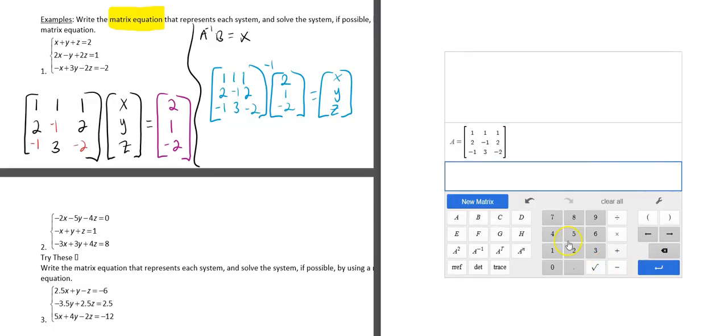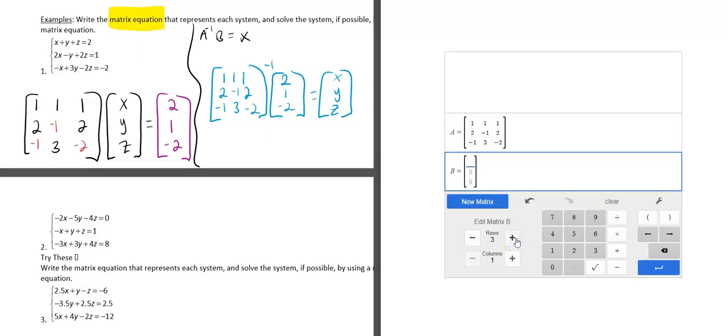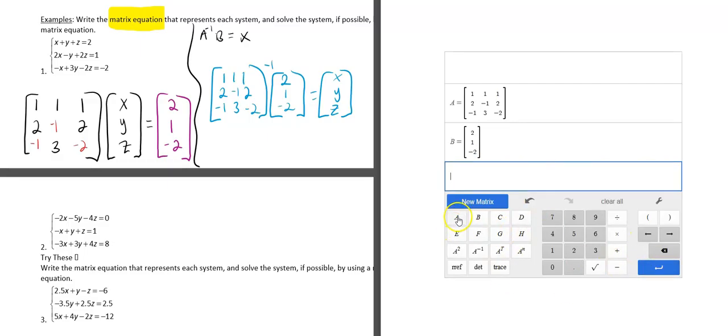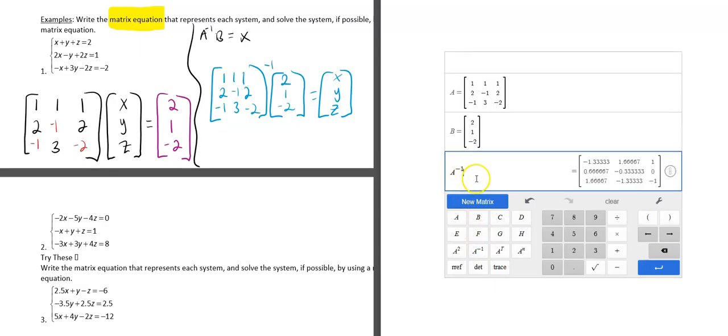And then matrix B is going to be our column matrix, which is 1 column, 3 rows this time. So 2, 1, -2. And same procedure, we want A inverse, all right, times B. And there is our column matrix right there. So you get X equals -3, Y equals 1, and Z equals 4, okay?